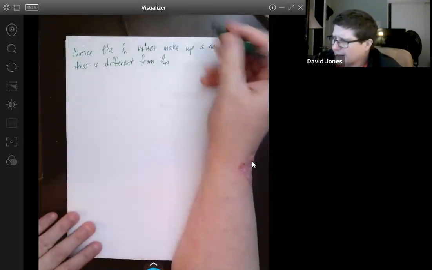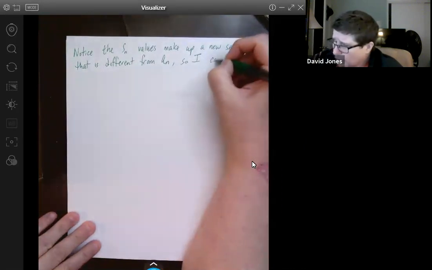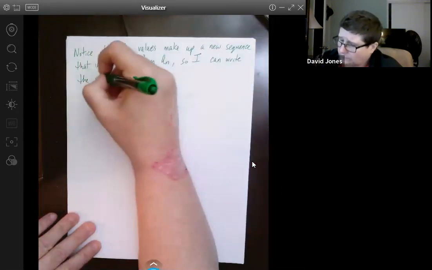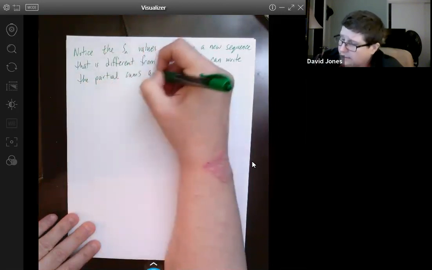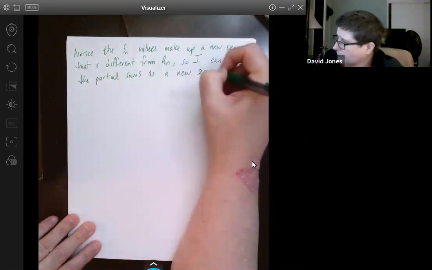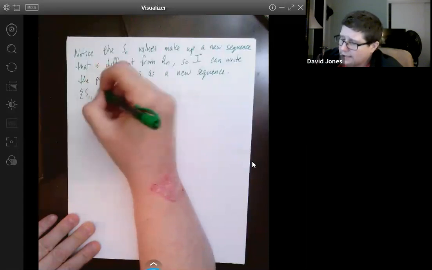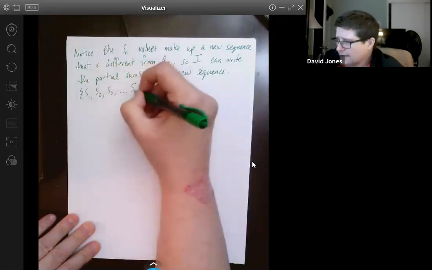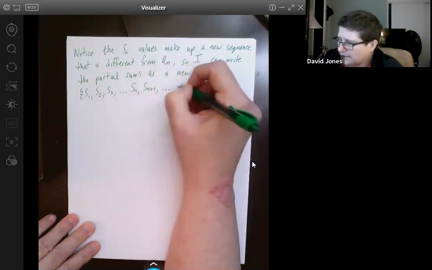So I can write the partial sums as a new sequence: S of 1, S of 2, S of 3, S of n plus 1, keep going up to infinity.